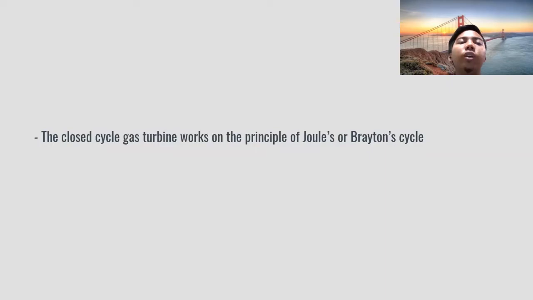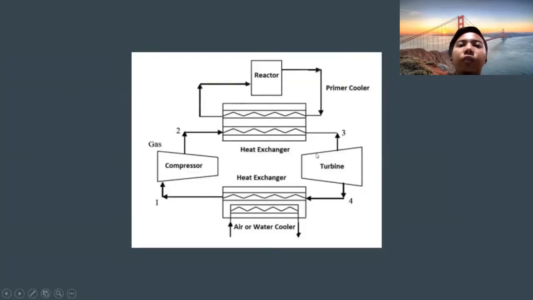Next, the closed cycle gas turbine power plant works on the principle of the Joule or Brayton cycle. For the working principle, we can look at the diagram of the closed cycle gas turbine power plant.